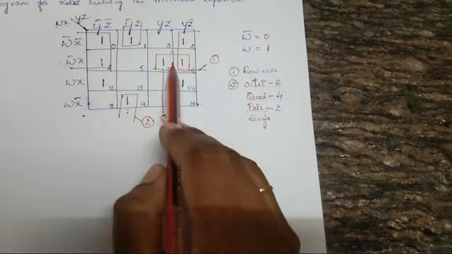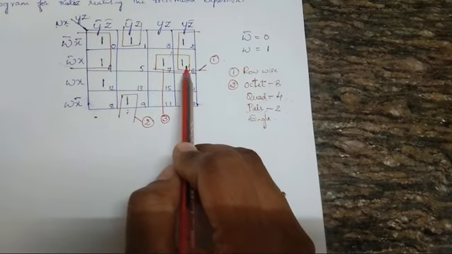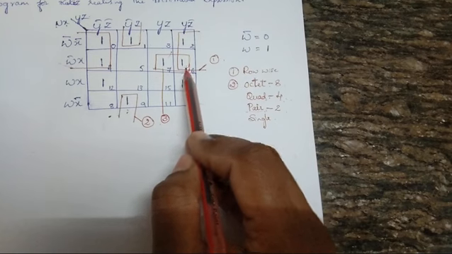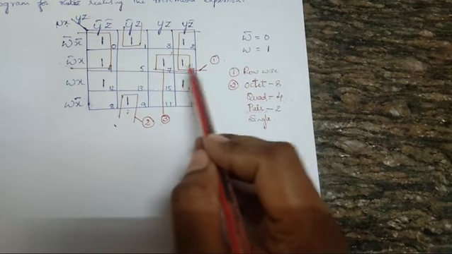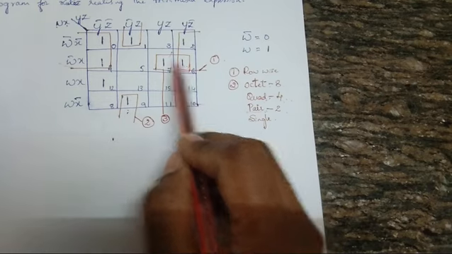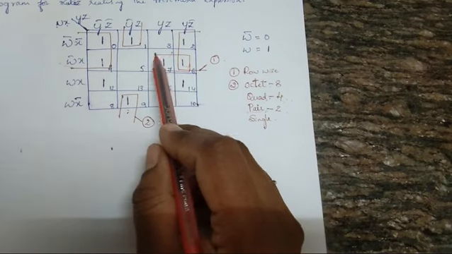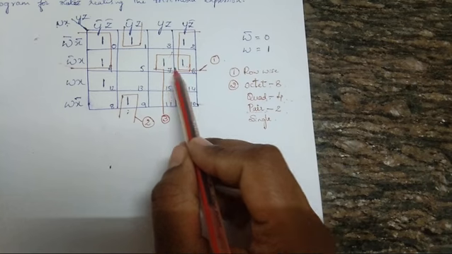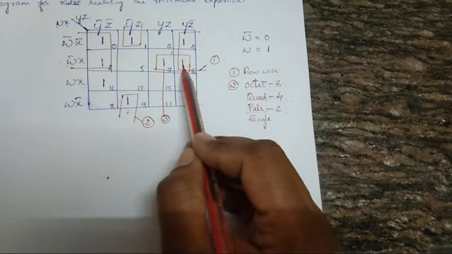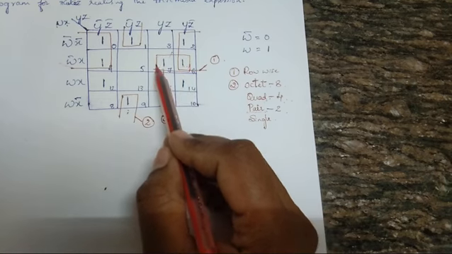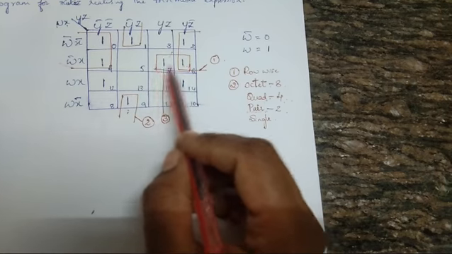Fine. Next, this is already being used. See here, I have used this one to make a pair here. Why? Because if I was not making a pair using this, then in this case it would have become a single.